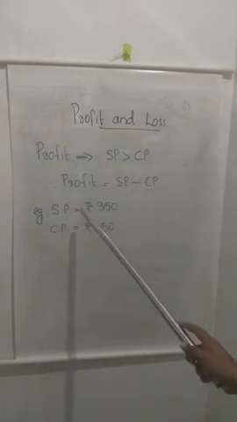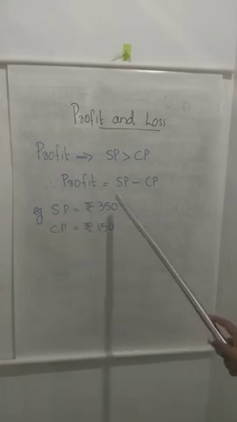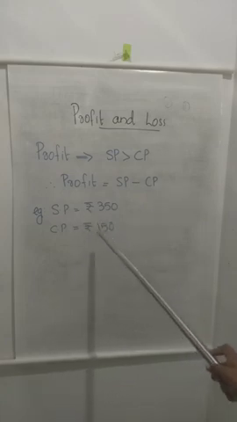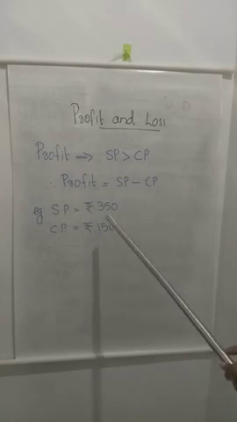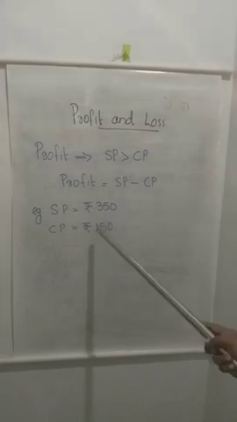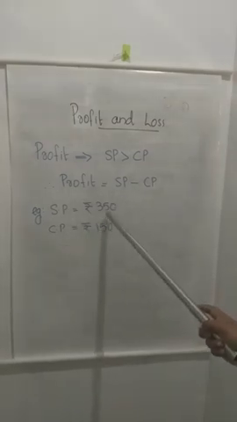Look at the example. Imagine selling price is rupees 350 and the cost price is rupees 150. That means I bought an item for 150 rupees and I sold that item for rupees 350.